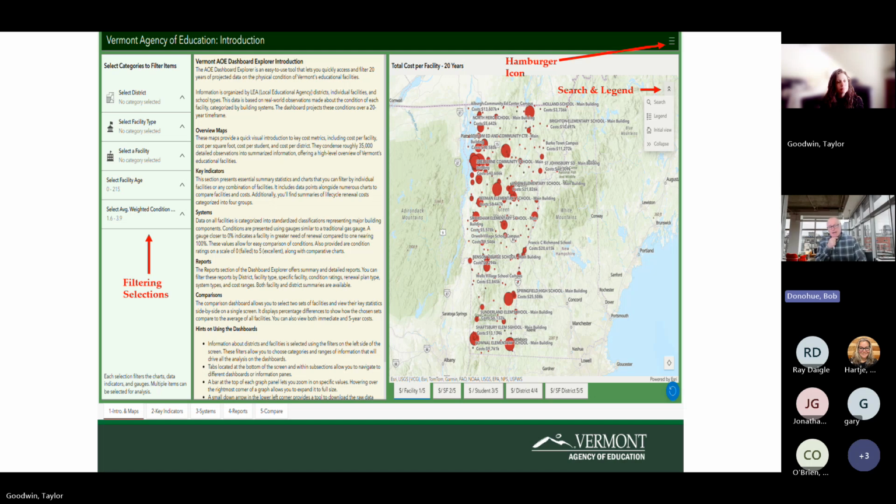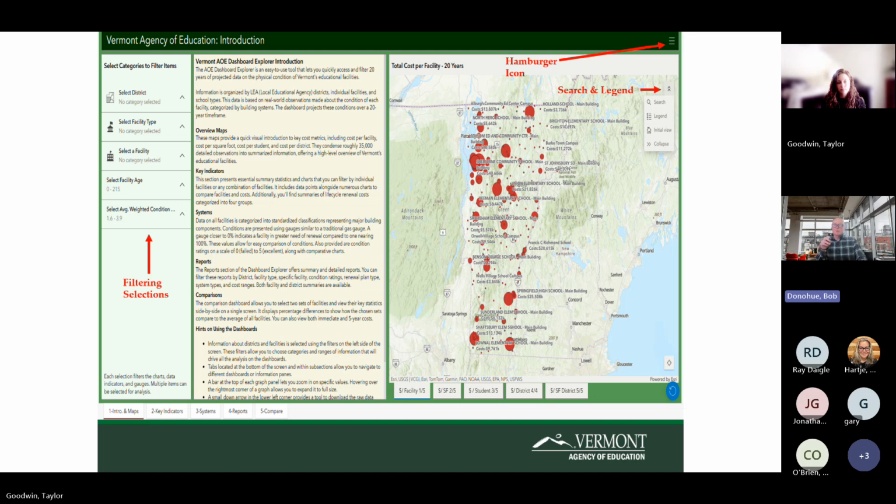And then for each tab on the lower left, there is a cluster of sub-tabs or nested tabs inside. For us, the sub-tabs are beneath the map. There you can see it's dollars per facility, dollars per square foot, dollars per student, dollars per district. So if you choose a particular district in the filtering section, all the other districts go away except the district you're focusing on.